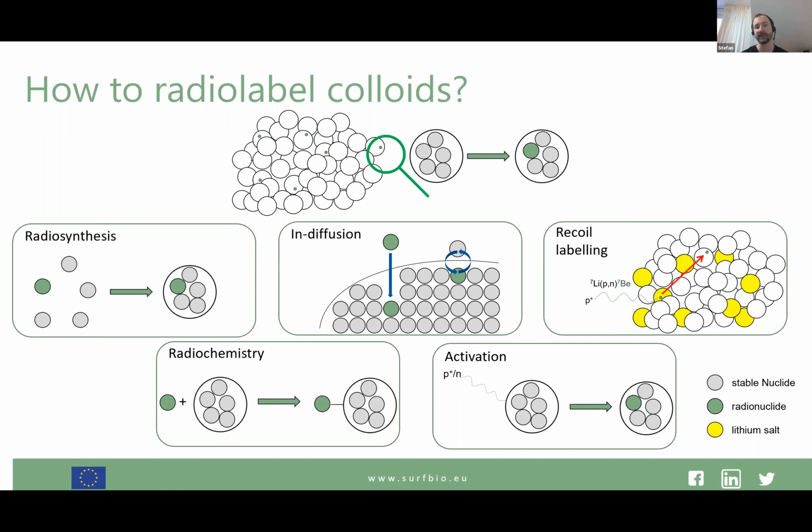And from this nuclear reaction, there will be a recoil, meaning the beryllium-7 nuclei will basically fly through the sample and will eventually implant itself into a particle, or at least a subset of these produced beryllium will implant itself. So this is something where you can introduce a non-chemically bonded radio label into the particles.